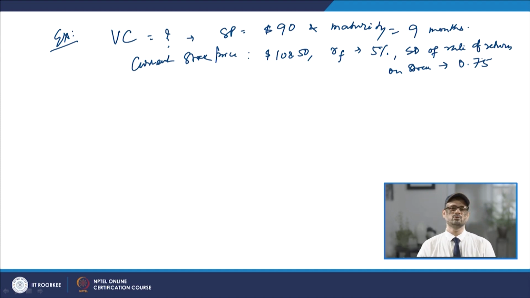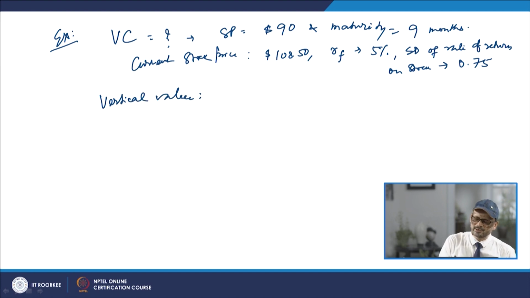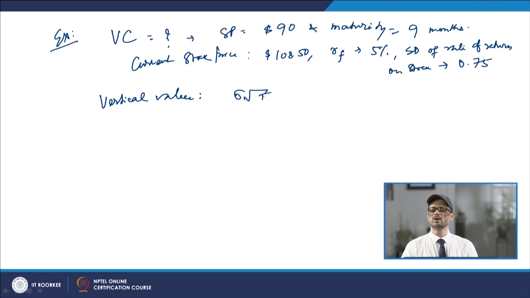If such are the data given to you and you have to find the valuation of the call, first of all, as we know, you have two values, horizontal as well as vertical. The vertical value will be sigma root t.